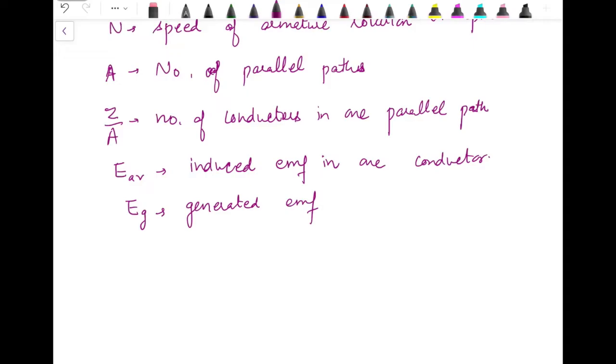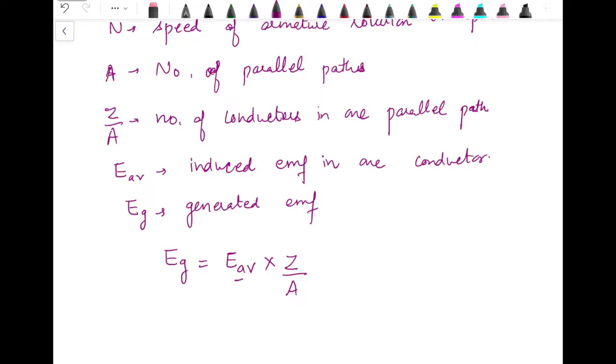Since in parallel the induced EMF or the voltage remains same, Eg will be equal to average induced EMF in one conductor into number of conductors in one parallel path. It doesn't matter how many parallel paths there are in the machine, the voltage across them will remain same, current will be different. So total induced EMF in the machine will be equal to average induced EMF in one conductor into effective number of conductors in one parallel path.